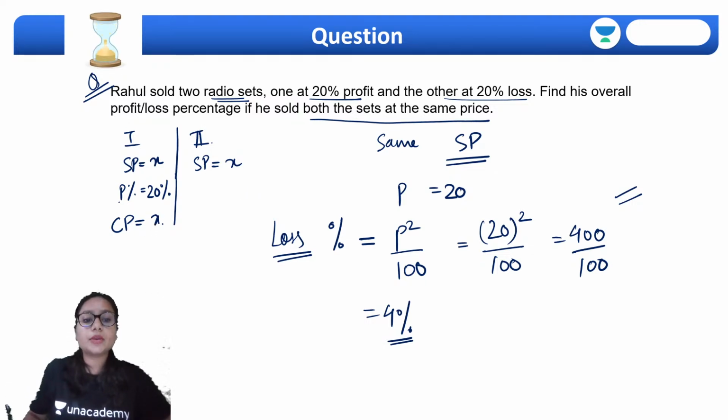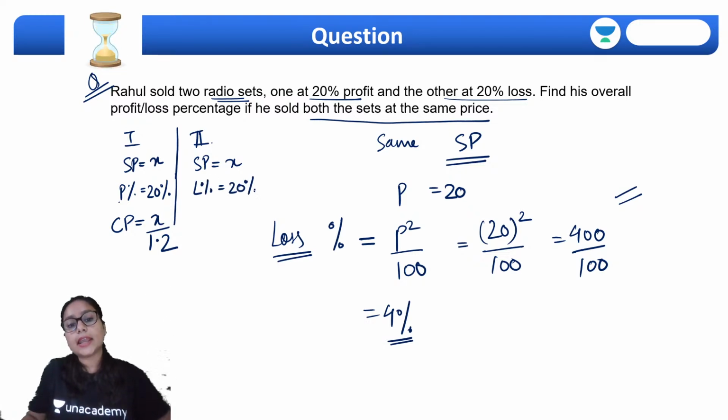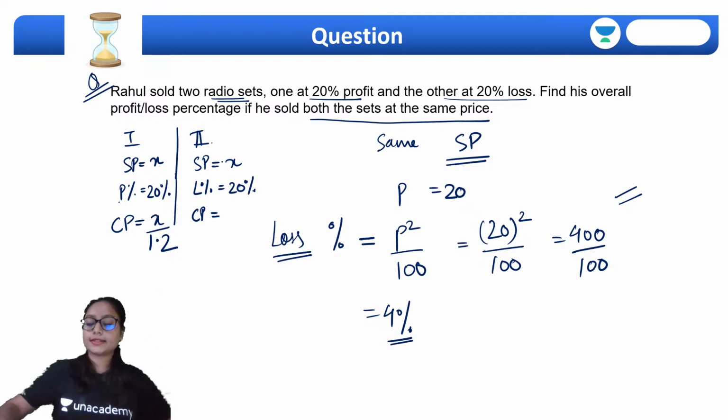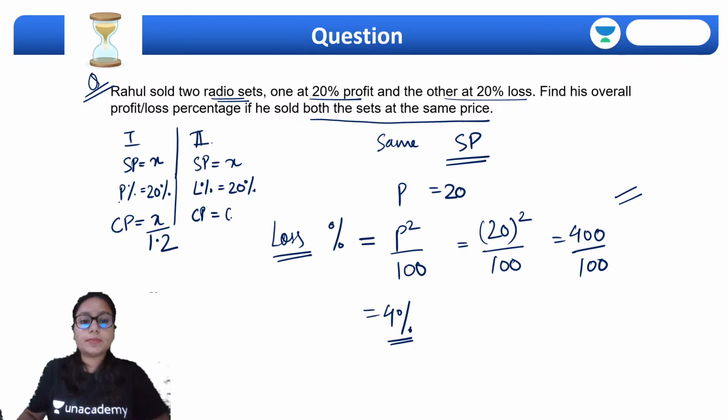So the cost price will be equal to X upon 1.2. Now, if the loss percent is 20%, what will be the cost price in this case? Correct. So the CP will be equal to X upon 0.8.